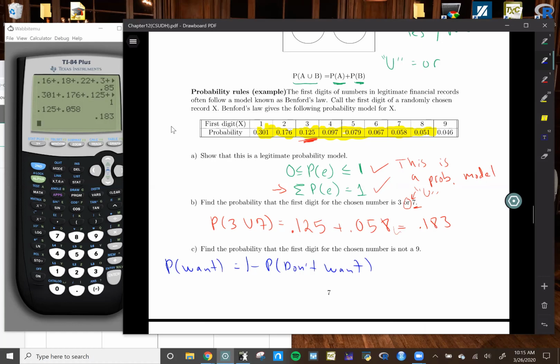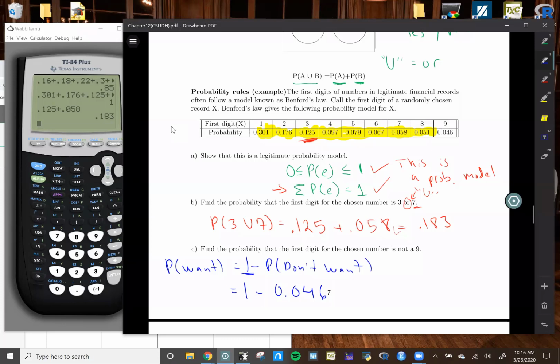All right. So what's the probability that I don't want? 0.046, I guess. Yeah. And why do we think we have that 1 over here? Well, because for the model, everything added up to 1.